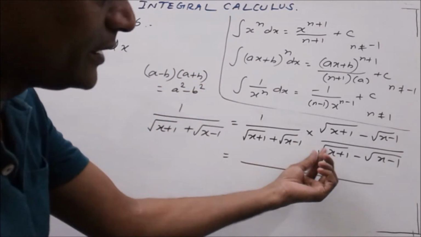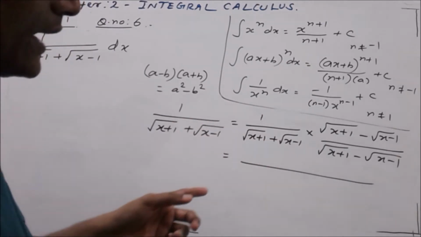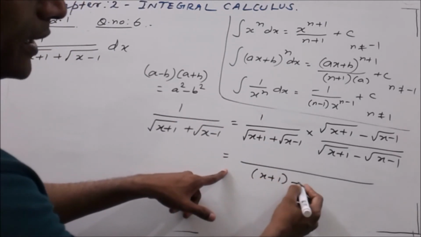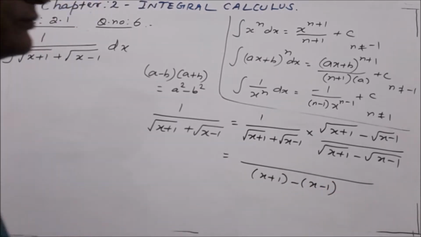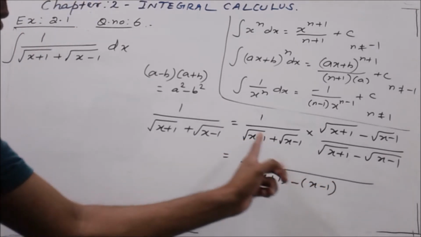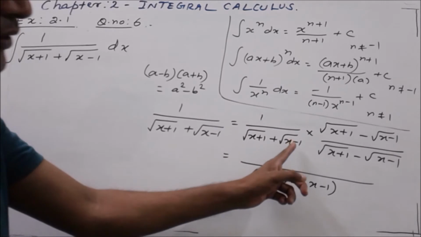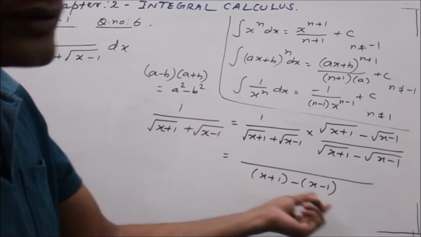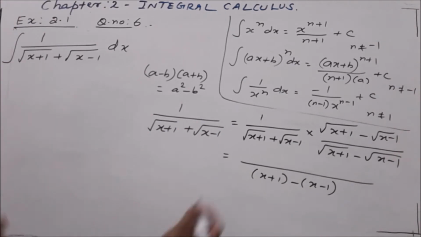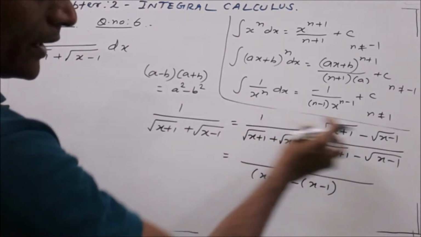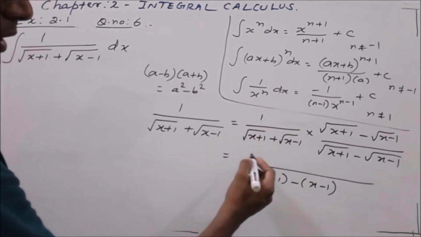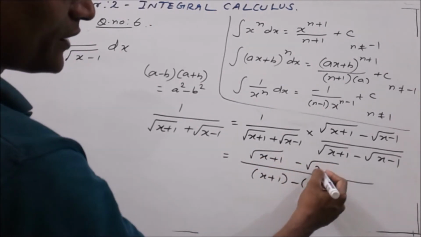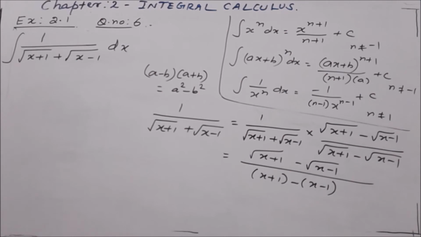So while multiplying the denominator, the roots will get cancelled. The remaining are x plus 1 minus of x minus 1. A square means the root gets cancelled, and b square, the root gets cancelled. The remaining in between we have minus, a square minus b square. In the numerator we have 1 here, so multiplying we get the same term, that is root of x plus 1 minus root of x minus 1 in the numerator.